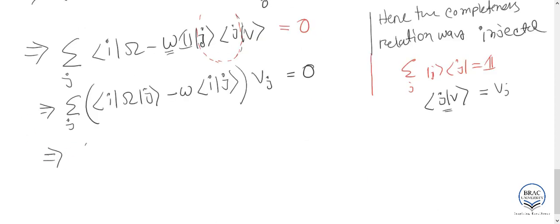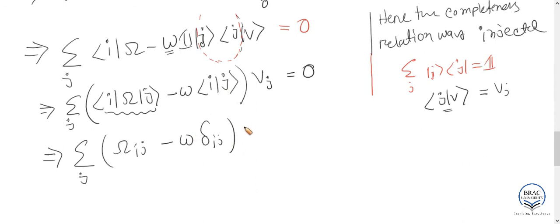And now this is a matrix element. Recall from your lectures from the previous week that this will correspond to the omega ij-th element if omega is a matrix, and this small omega is your eigenvalue, it's a number, and since I and j are basis vectors, this is just delta ij, and what you have is vj equals to 0.